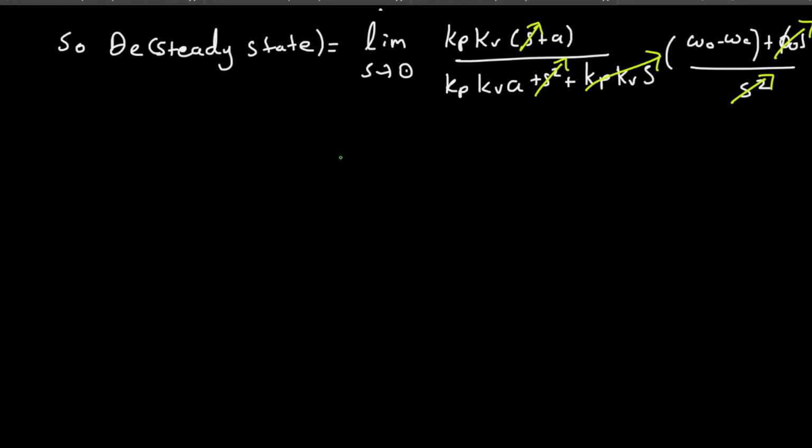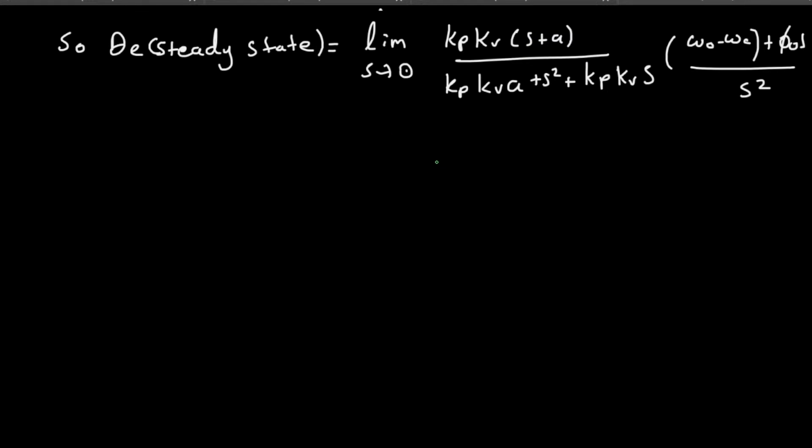So this is after applying the limit. I can't really cancel right away like this because I'm not applying the limit yet. I'm just showing these are the things going to be 0.